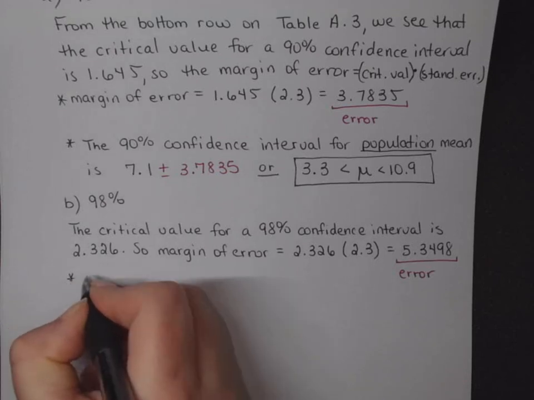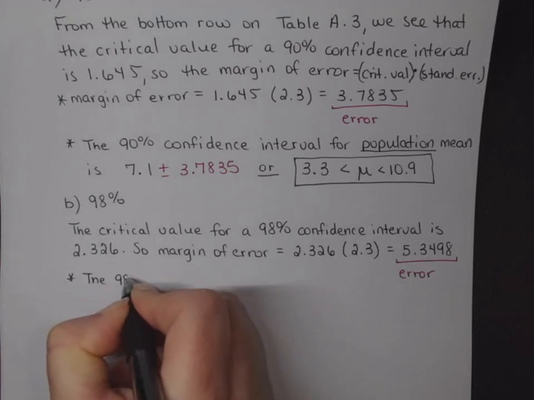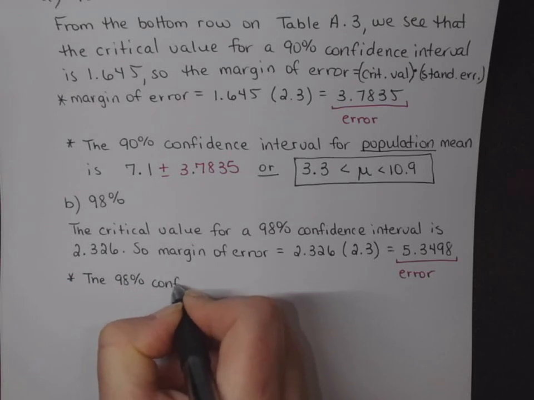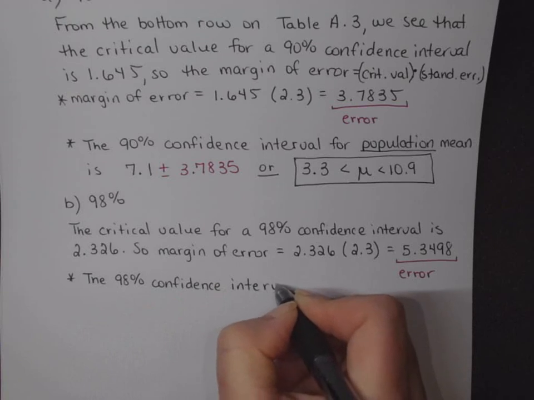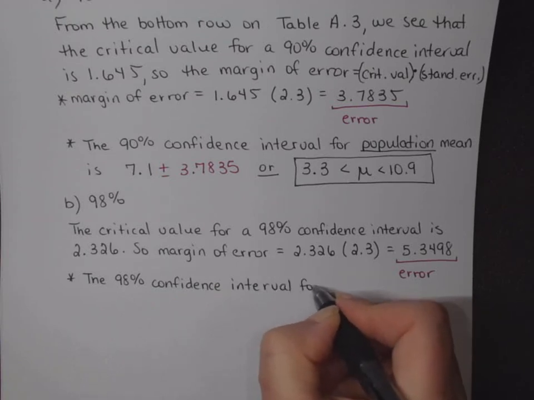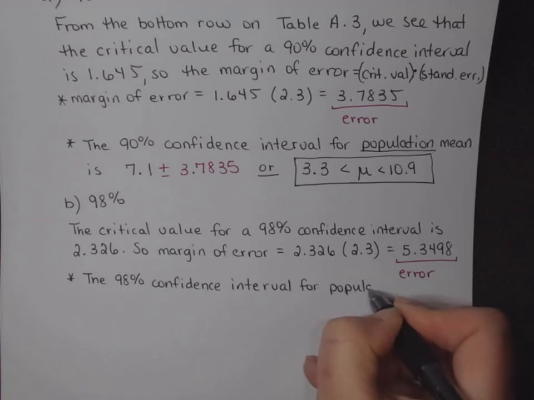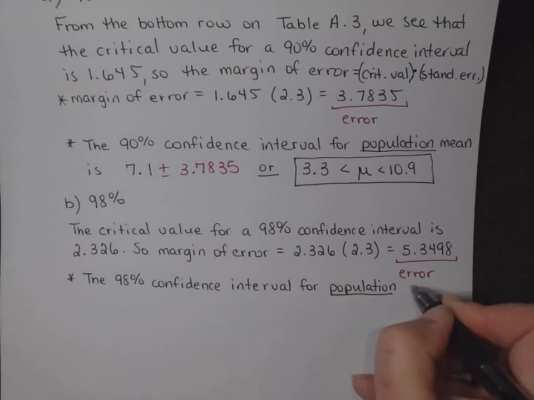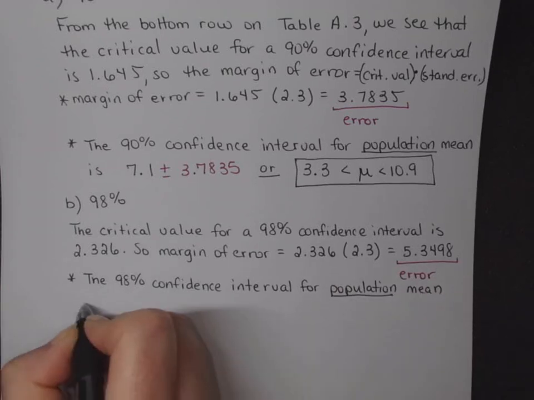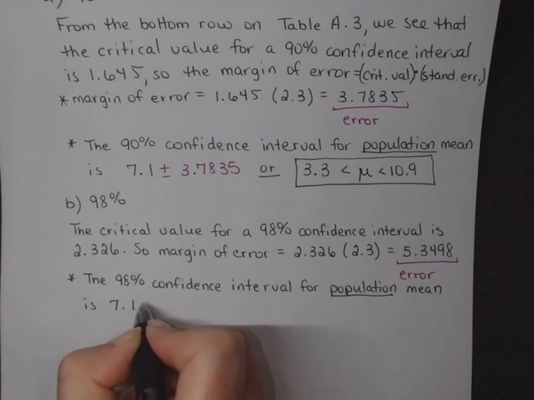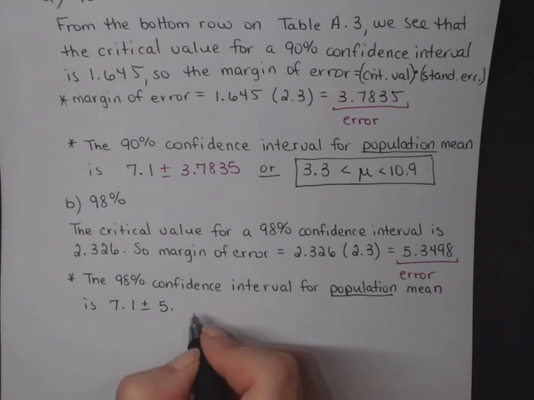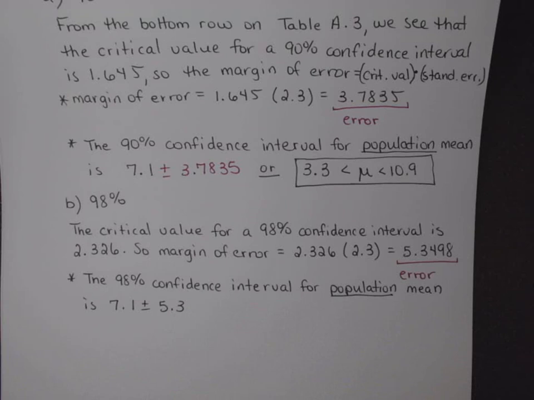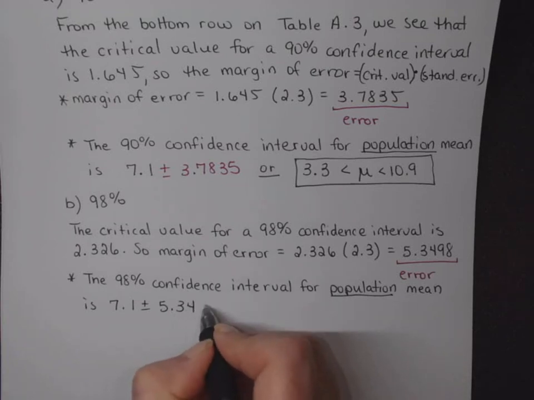All right, and so then my answer, the 98% confidence interval for the population mean is going to be that 7.1, but this time plus or minus 5.3498, sorry, I lost it for a minute.